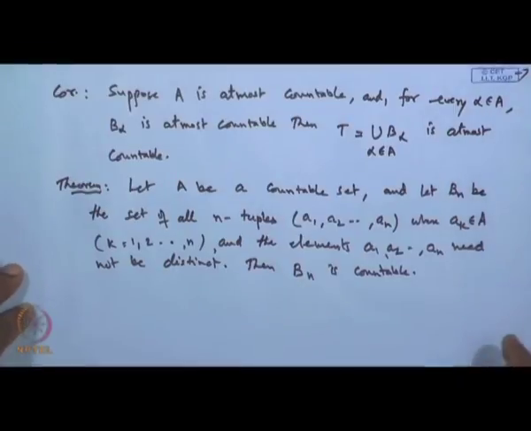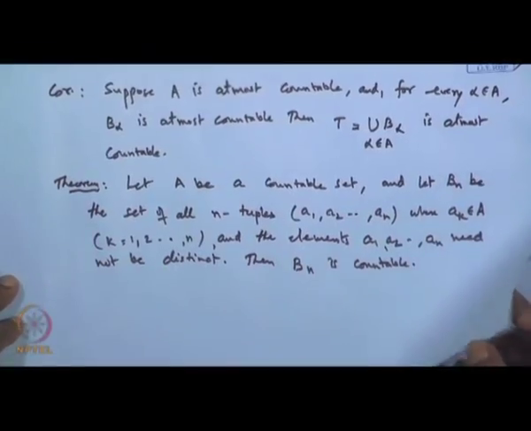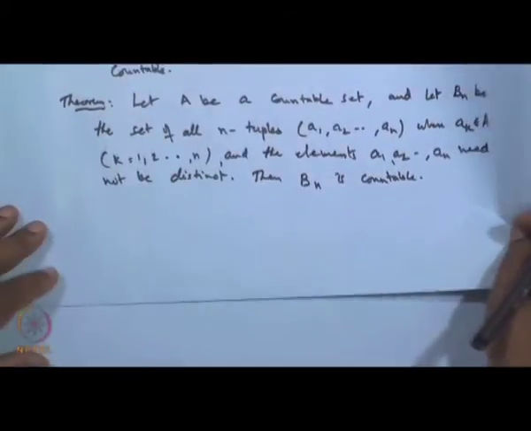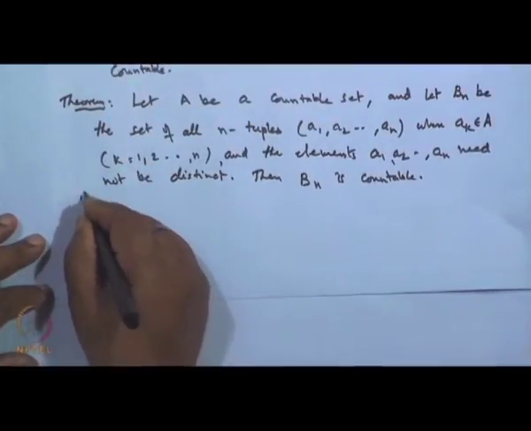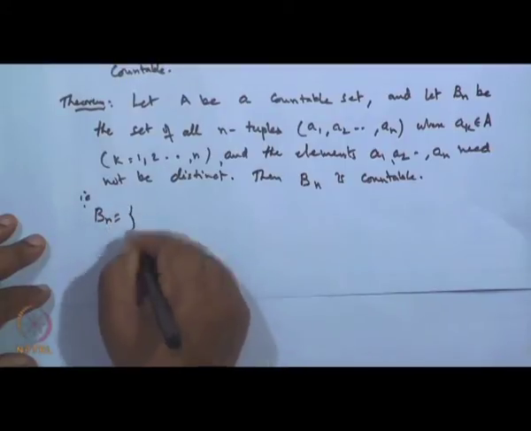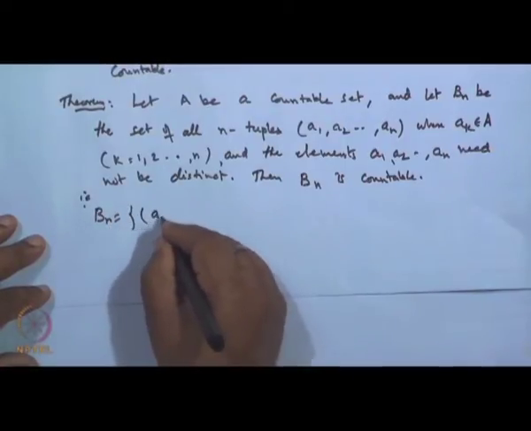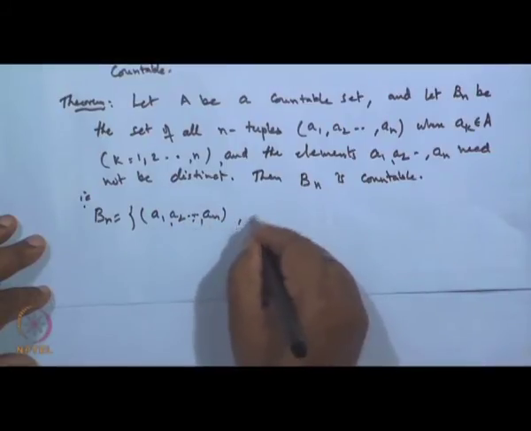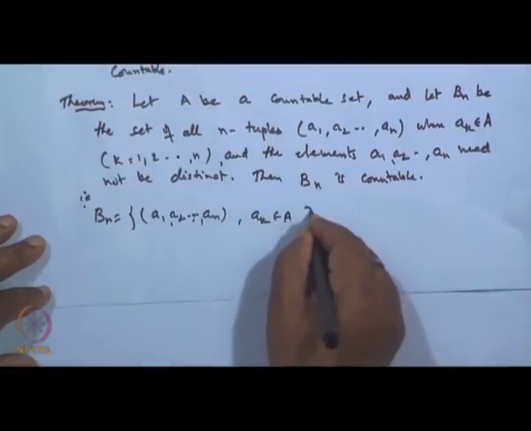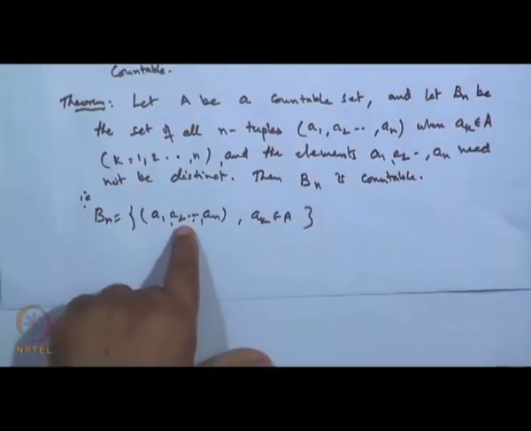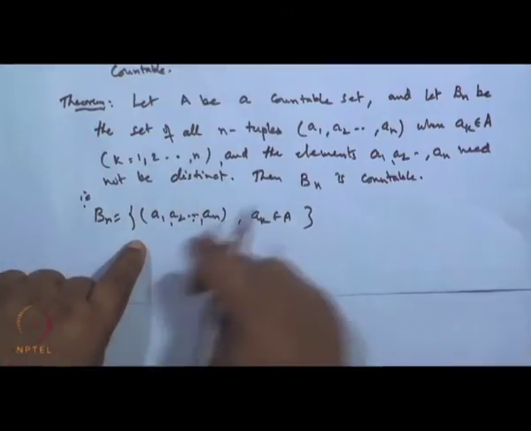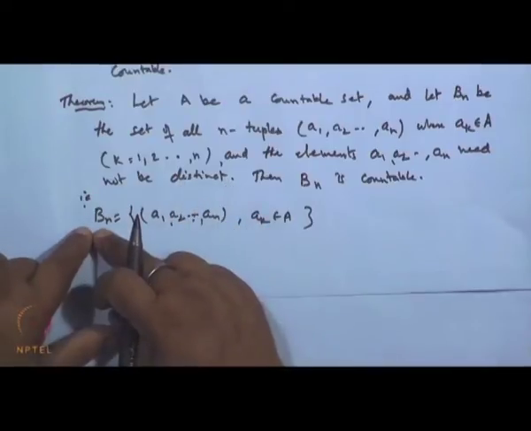So, what this theorem says is that if we construct a set B n, that is, the set of all n tuples A1, A2, An, where A k's are in A, and these coordinates of the n tuples belong to a countable set, then this collection of all n tuples will also be a countable set.